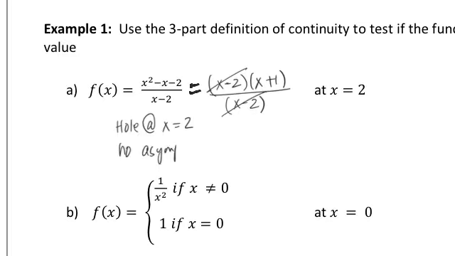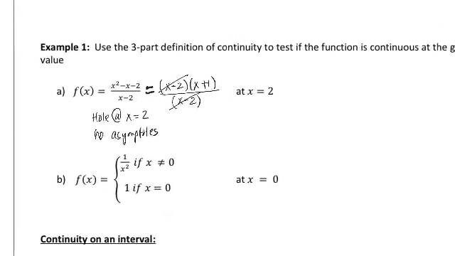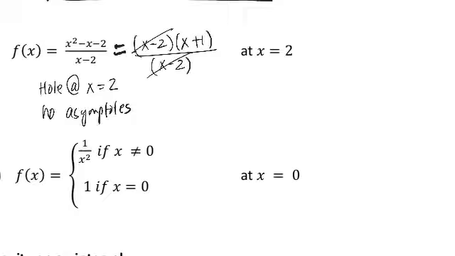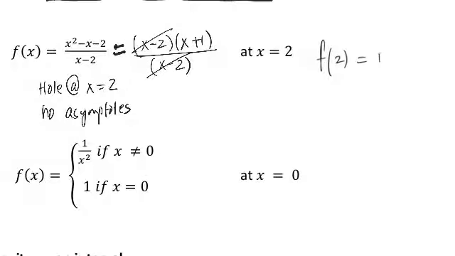The fact that we're discontinuous at x is equal to 2, we can figure out from pre-calc. But in calc, we want to be able to say this very precisely using the three-part definition of continuity. You might think you're going to write three statements, f of 2 equals DNE.